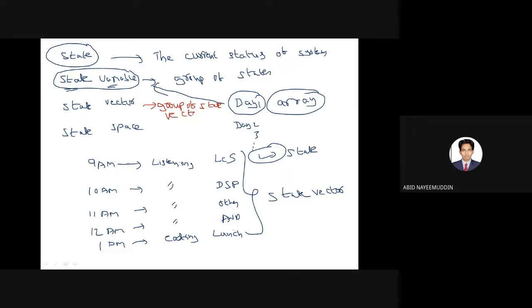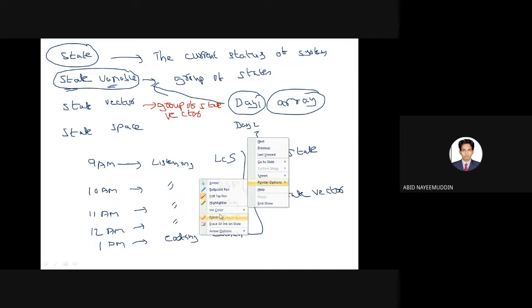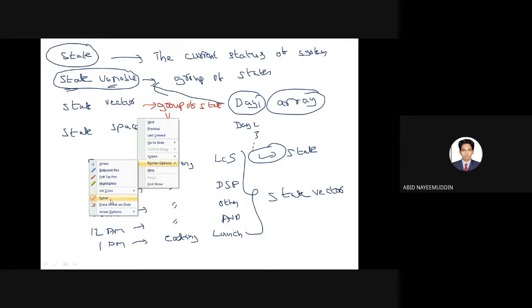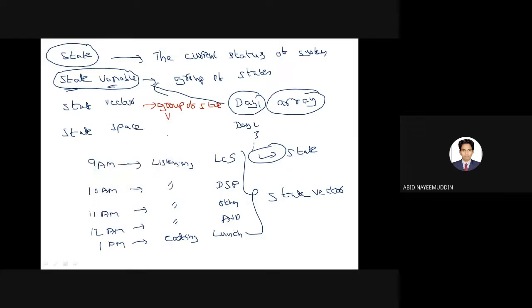The group of state variables is known as what? State vector. And the group of state vectors is known as what? State space.